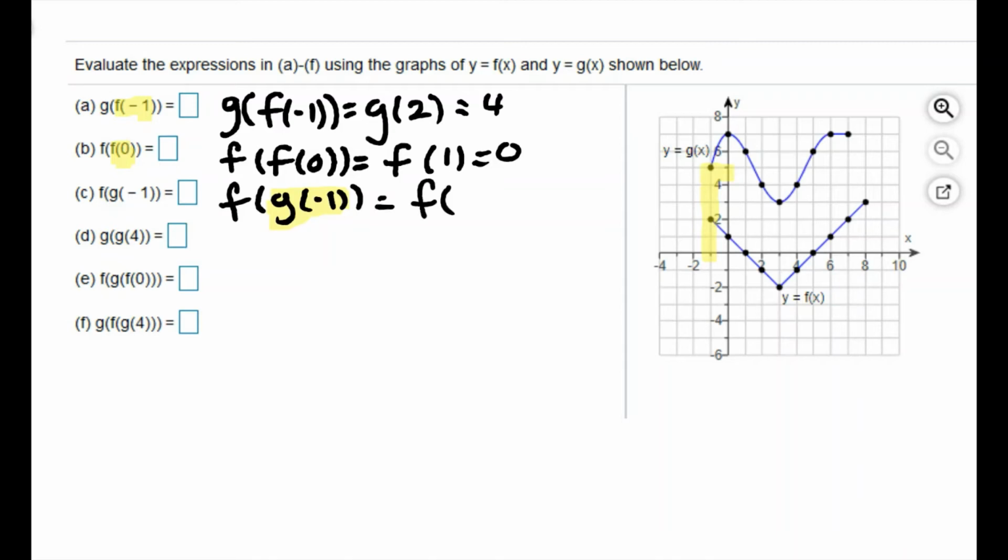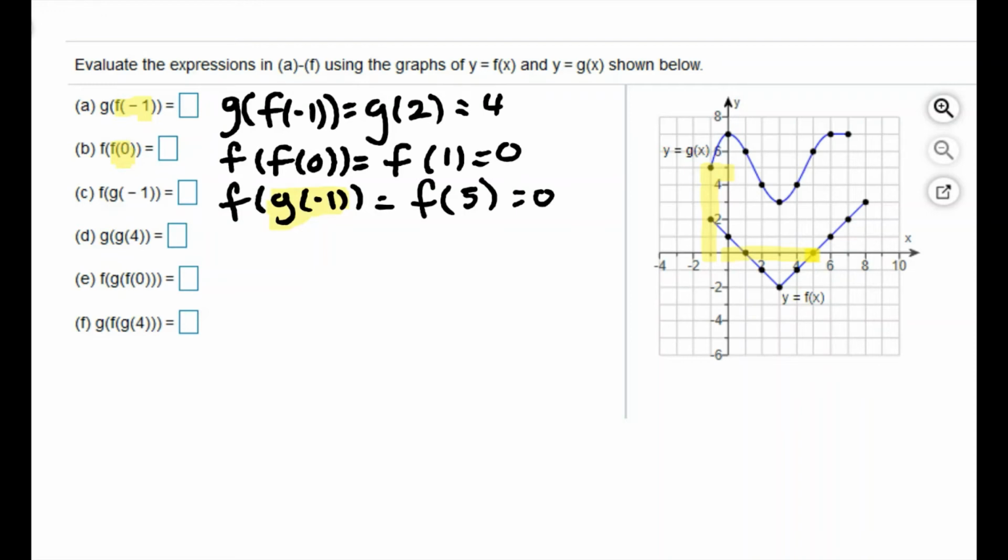So g of -1 is 5. And now we want to find f of 5. So here's an x value of 5, and I'm already on the graph of f. I've got a y value of 0 there. So f of 5 is 0. F of g of -1 is 0.